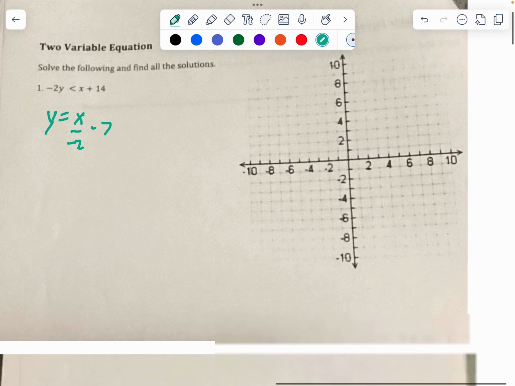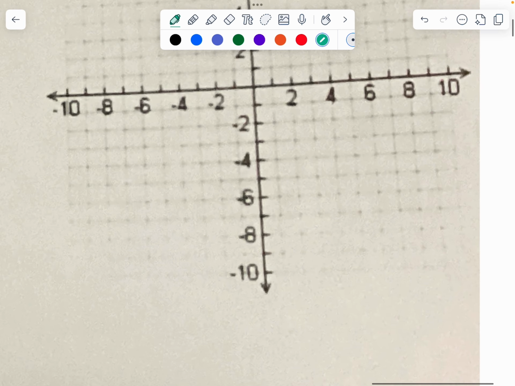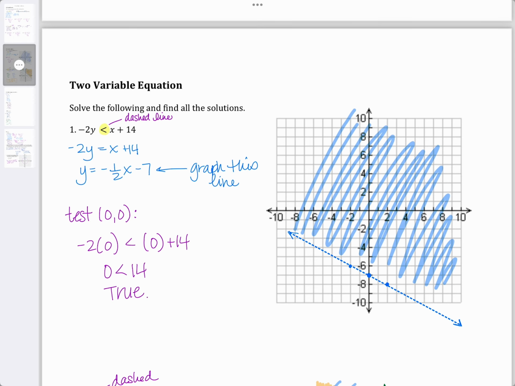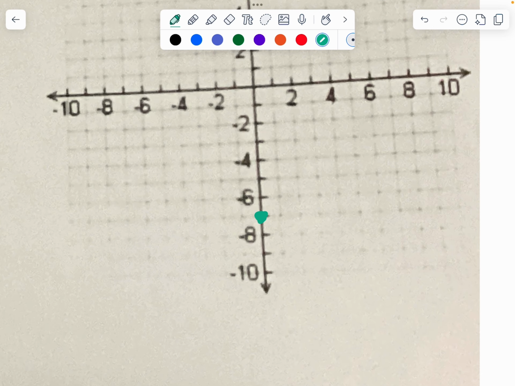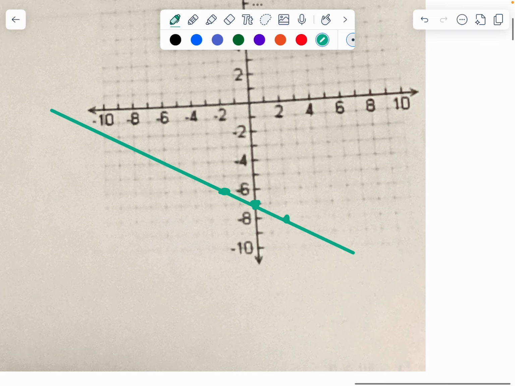And now we'll graph that. This is going to be the line here, except it's going to be dashed instead.